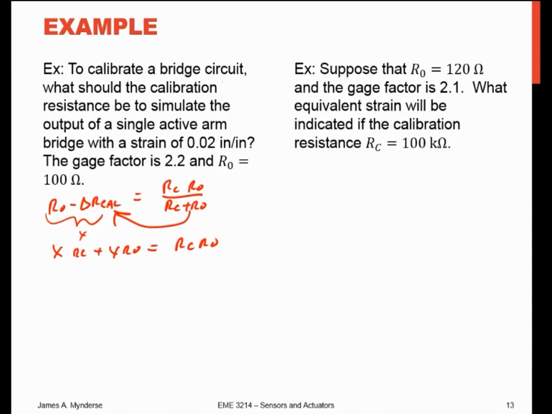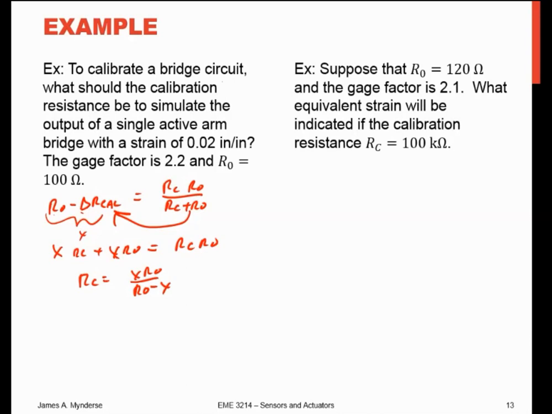And again, if I make a leap of algebra that you're not following, just pause and work it out and tell me where I made my mistake. I can rearrange, clean that up a little bit, and I get RC equals X R0 over R0 minus X. And since X equals R0 minus delta RCal, I can put it back in here.